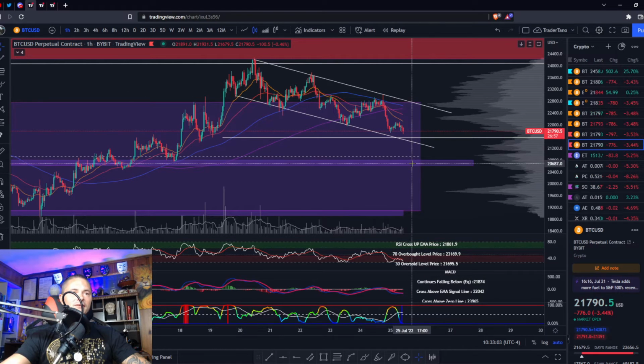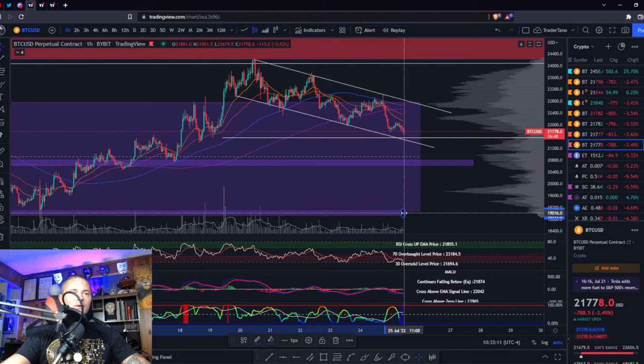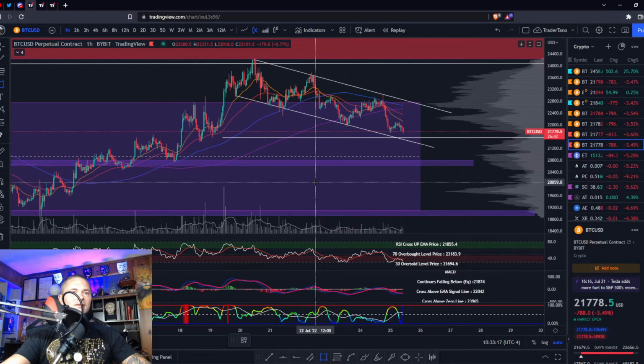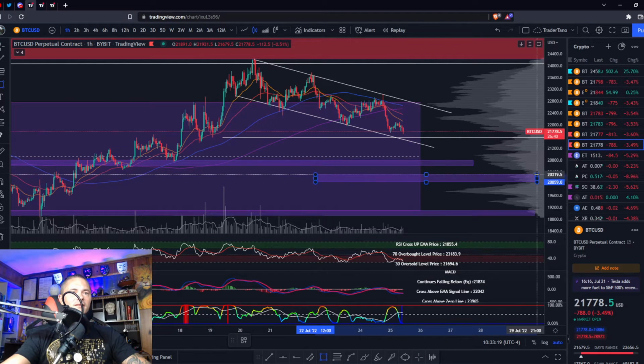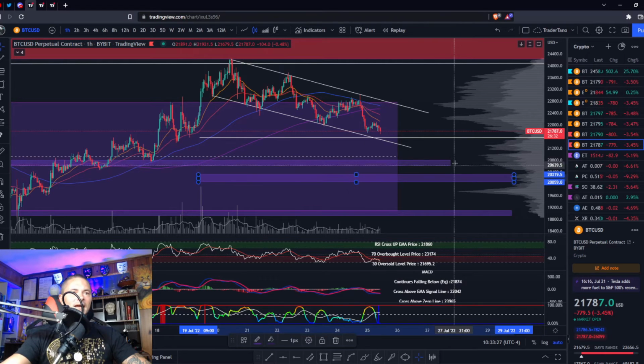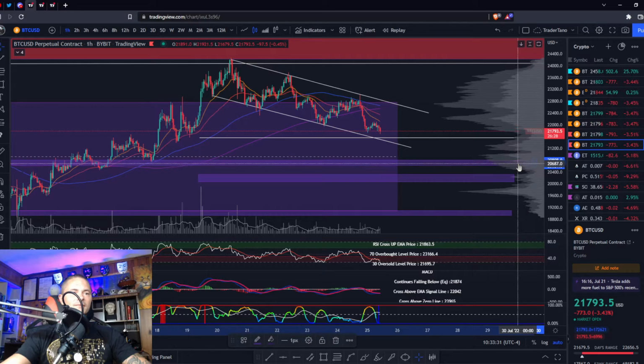And if we do break the channel, I think the next stop would be the 22,800 level. I do think we would get a bounce there, but I honestly think we would move down to the 20K level. Let's go ahead and put a box there, actually. So let's see here, 20. I'm thinking 20 to 23,00. That's what I would be looking at as the next stop after a bounce at the 22,800 region.